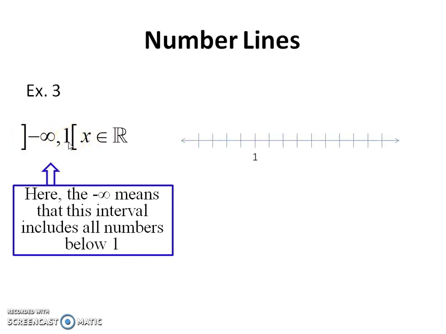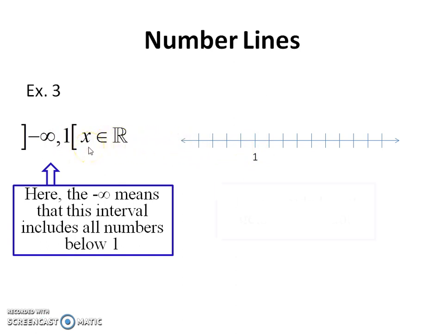On a number line, the smallest one is equivalent to being the leftmost, and the second number, the larger number, is the one that is furthest to the right on the number line. So the interval negative infinity to 1 means that 1 is the larger of the two, and it goes down leftwards on the number line all the way down to negative infinity.